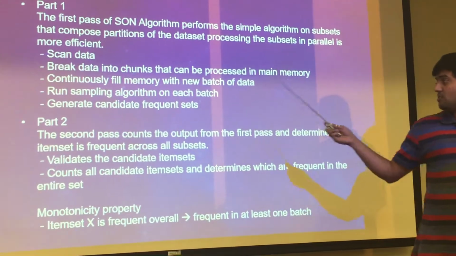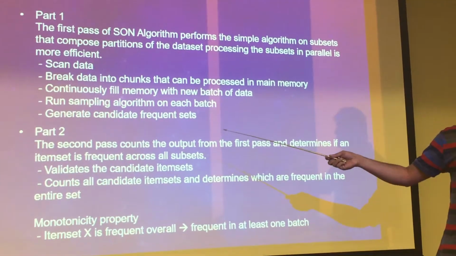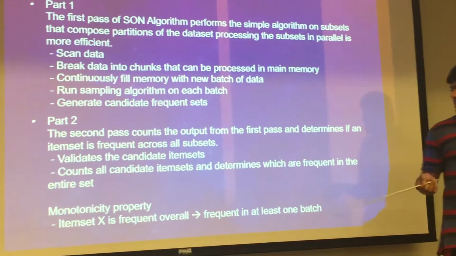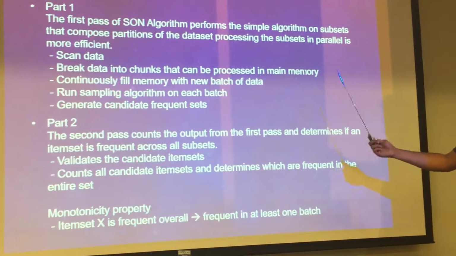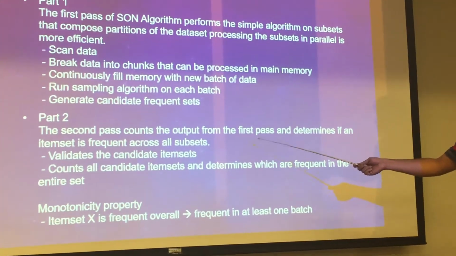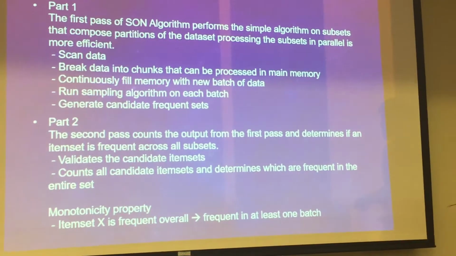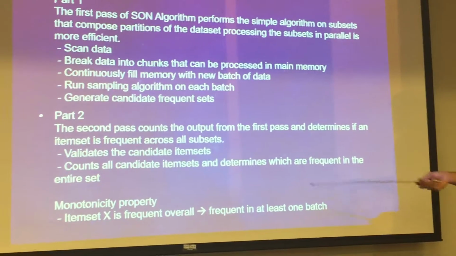Then we move on to pass 2. Pass 2 takes the output of pass 1 into consideration. That is where it counts the output from the first pass and determines if an item set is frequent across all the subsets.